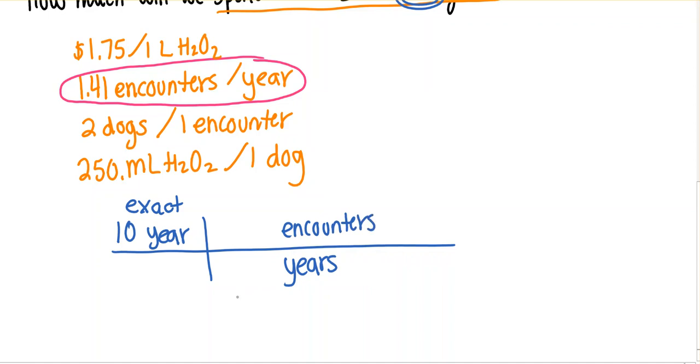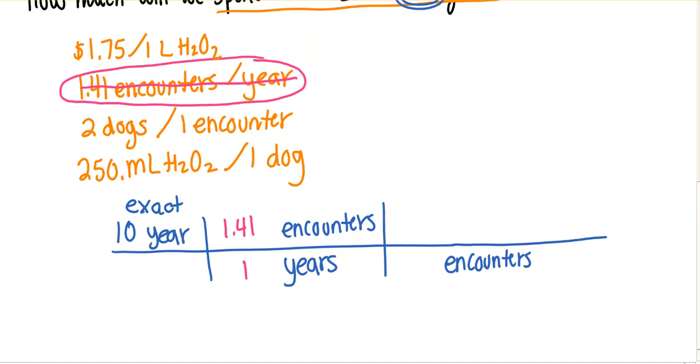And so I'm going to put here that 1 year, 1.41 encounters. I don't need that. Okay, so I use this one. I'm going to cross it out. And then next, I'm going to put encounters down here because I want that to cancel.